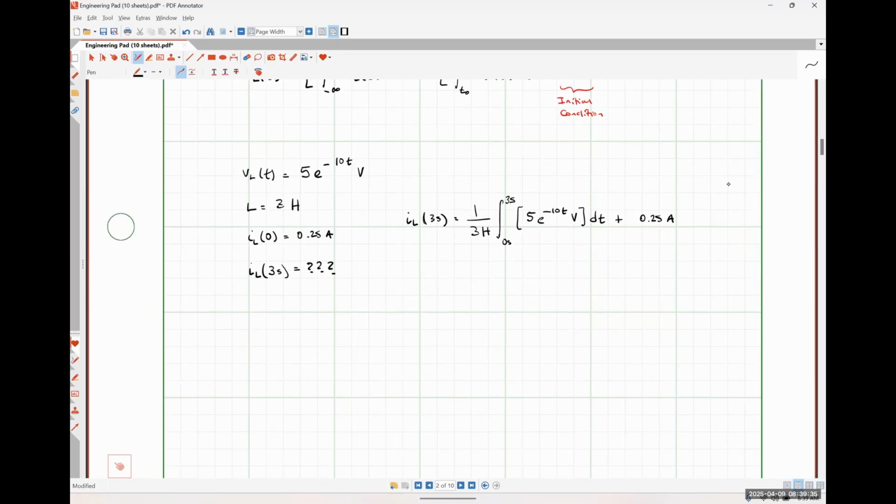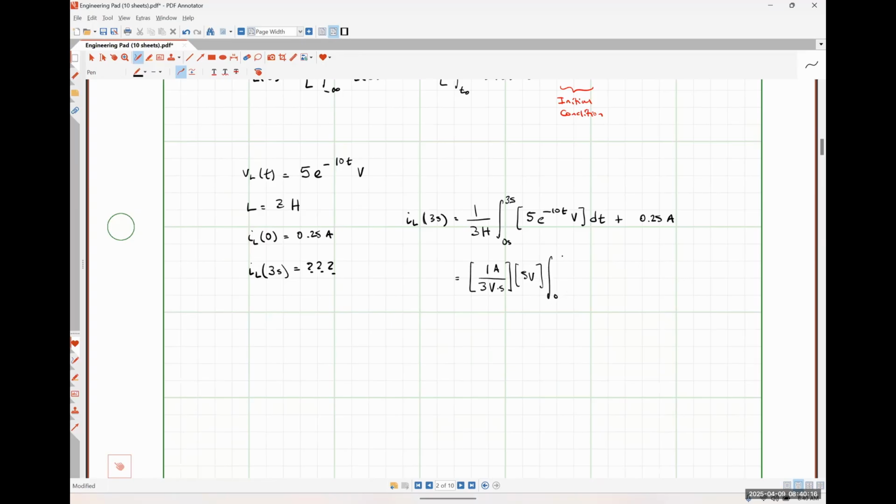So first thing I'm going to do is work on that 3 henry thing, right? A henry, as we discussed earlier, is a volt second per amp. So I'm going to have volt seconds in the denominator and amps in the numerator because I have the inverse of a henry. So this is going to look like 1 amp per 3 volt seconds. Another thing I'm going to do is pull out that 5 volts. So there's a 5 out front and a unit of volts, and I'm going to pull that out of my integration.